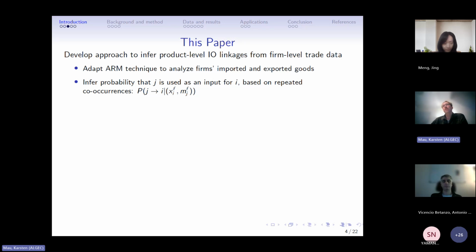In our current applications, those are firm-level customs data that give us information about what firms export and import.